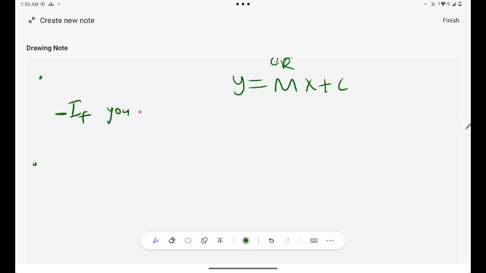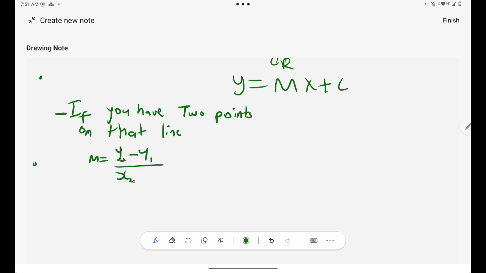If you have 2 points on the line, and those points are A and B, you can find the gradient by saying y2 minus y1 over x2 minus x1.